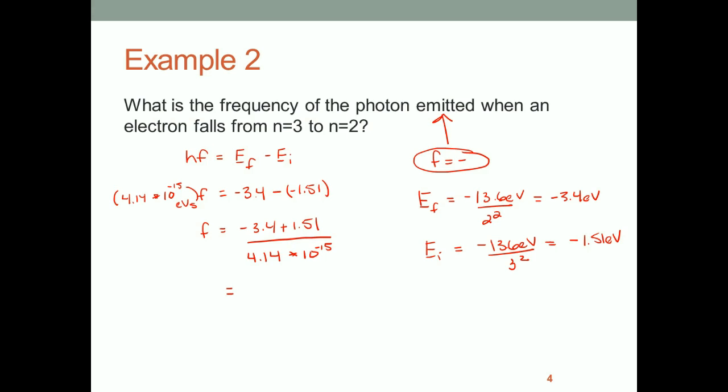And when you put that all into your calculator, you get 4.6 times 10 to the 14, not joules, sorry, 1 over seconds, but 1 over seconds by definition is hertz. Okay, so remember that's 4.6 times 10 to the 14th hertz.